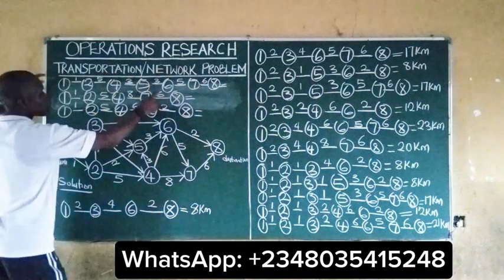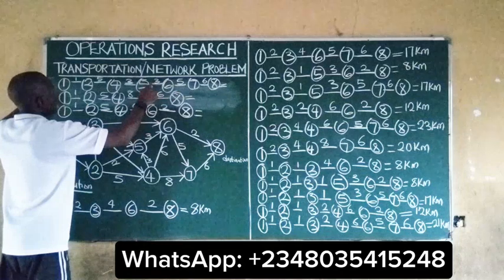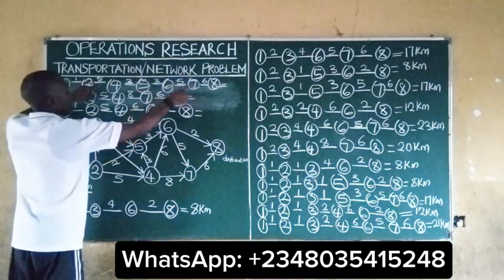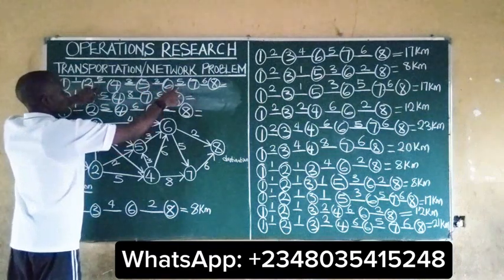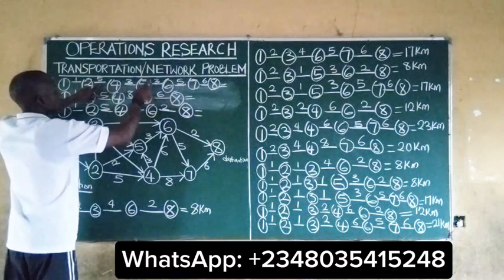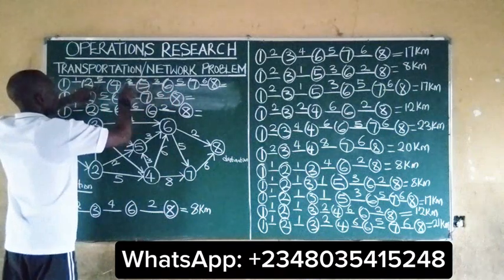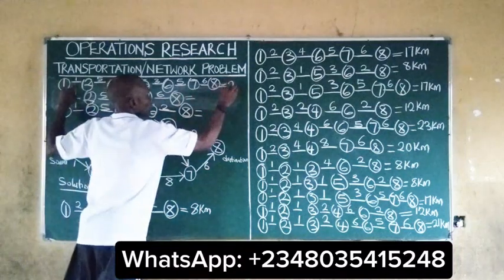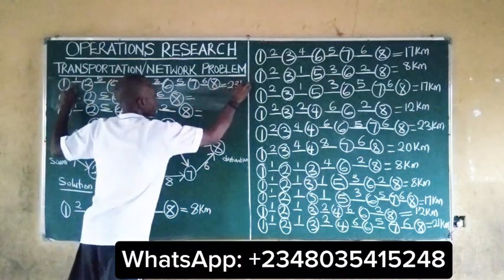Here we have 11 plus 5. 11 plus 5 will give us 16, 19, 22, 23. 23 kilometers.